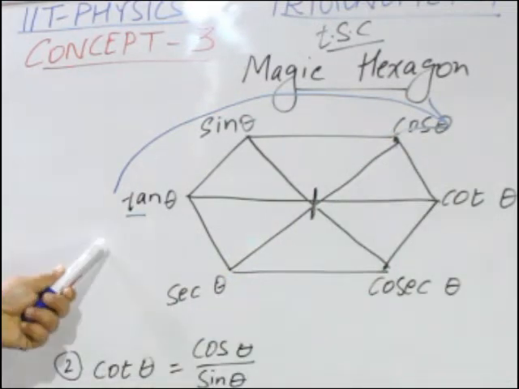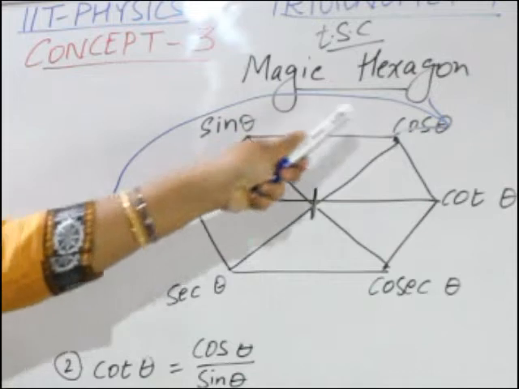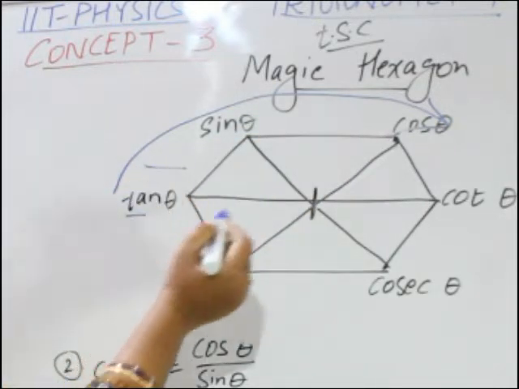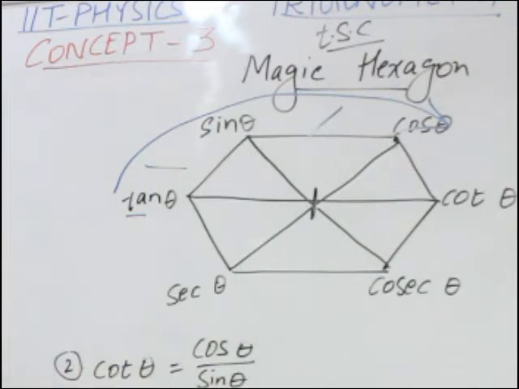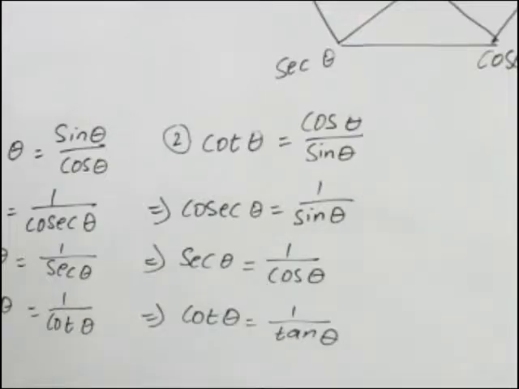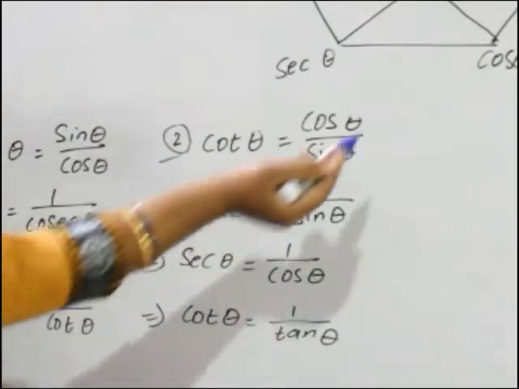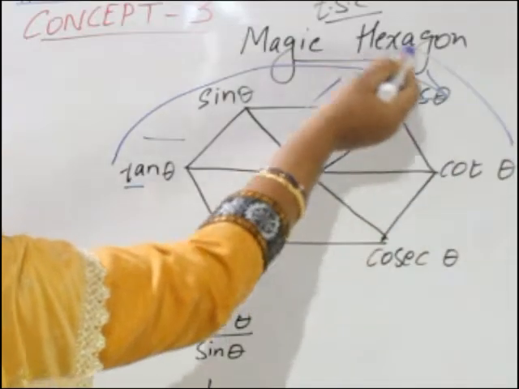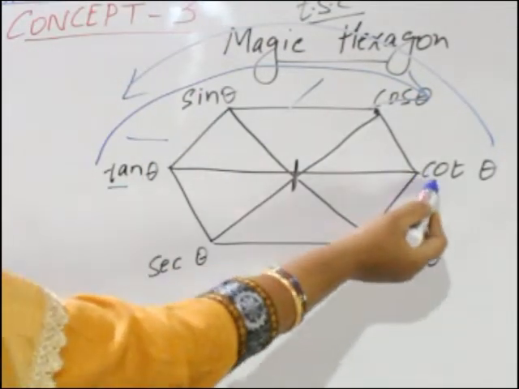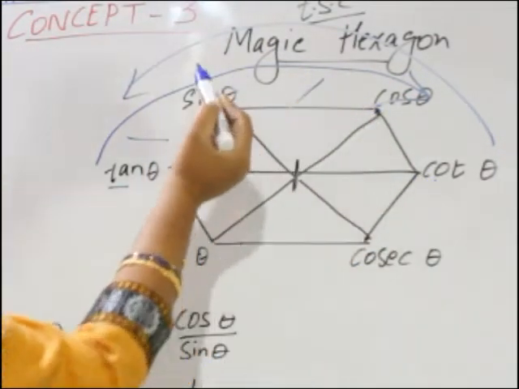So tan theta is equal to sine theta by cos theta. Clockwise direction, first identity: tan theta is equal to sine theta by cos theta. Second identity, like this you have to come anti-clockwise: cot theta is equal to cos theta by sine theta.